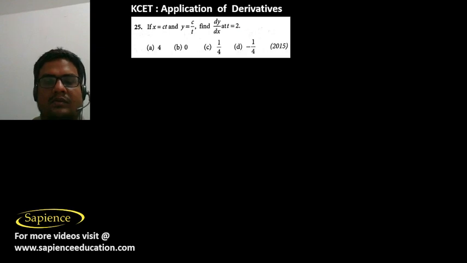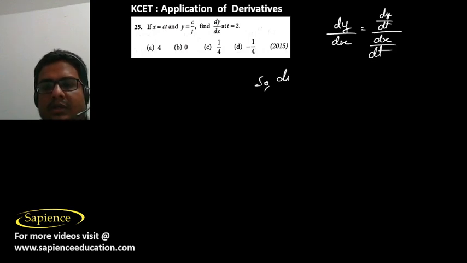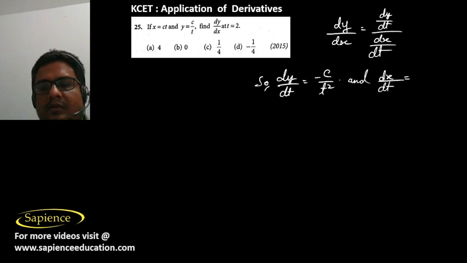Then question number 25. It is told to find dy by dx, where x and y are functions of t. Dy by dx will be equal to dy by dt divided by dx by dt. Therefore dy by dt is minus c by t square, and dx by dt is equal to c.